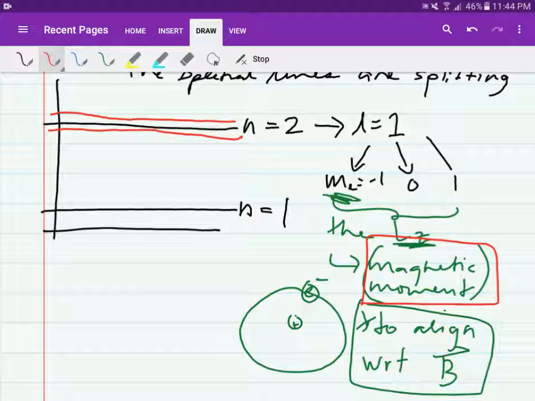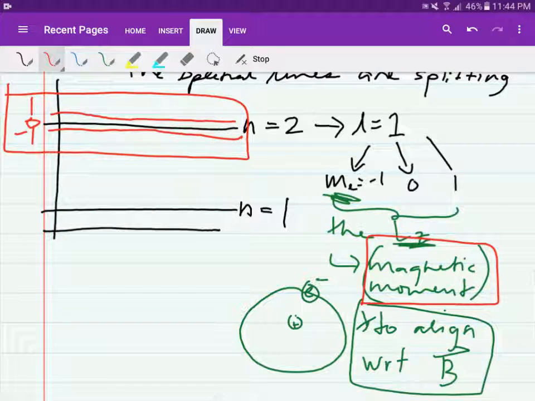For example, in n equals 2 states, we have ml equals -1, ml equals 0, and ml equals 1. So there are 3 states that are split in the n equals 2 state, as opposed to the energy degenerate behavior.